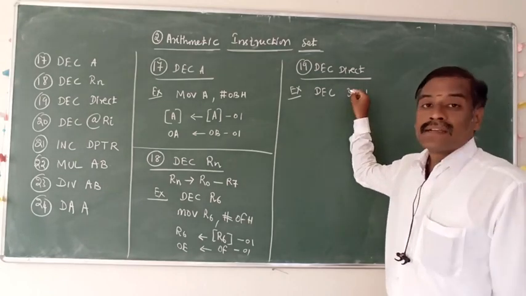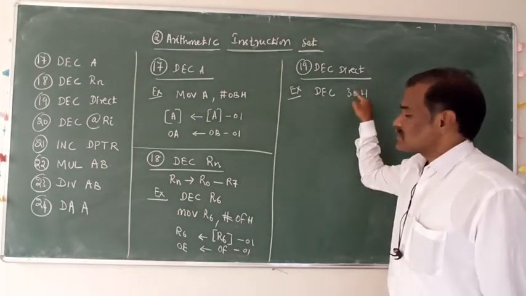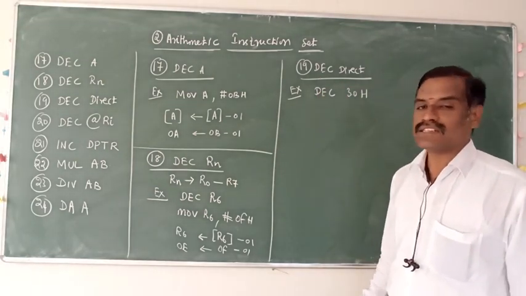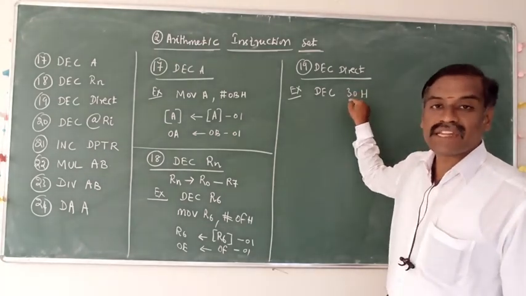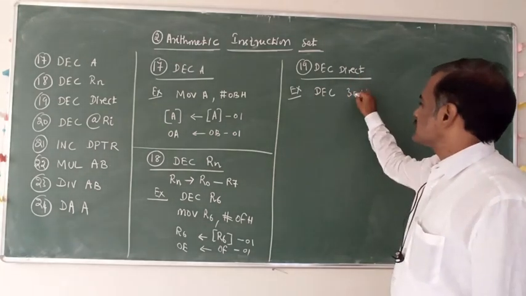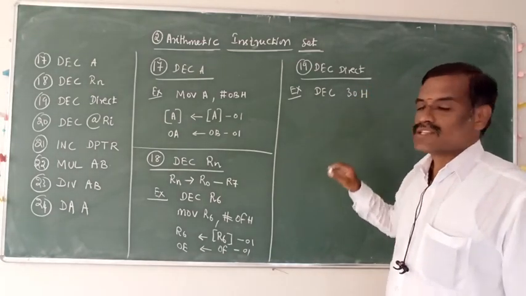This is an 8-bit memory address location. In this address location data, we have to decrement single times and the result to move to the given memory address location itself. Example, first we have to initialize what is the data in memory address 30H.